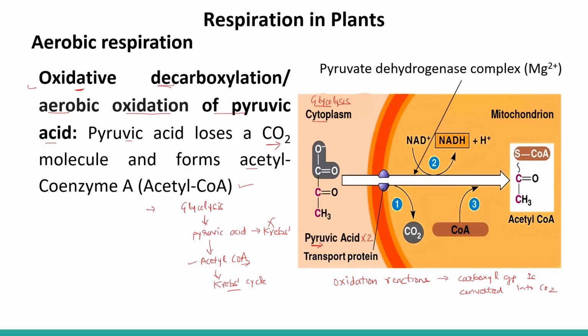Now with the help of a transport protein, pyruvic acid enters the mitochondria. Here they have shown the mitochondria, and this is the matrix of the mitochondria. Matrix means the fluid of the mitochondria.